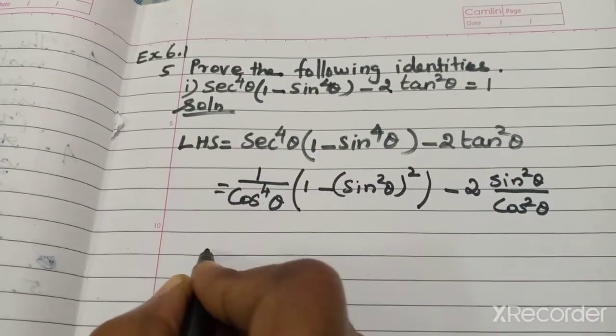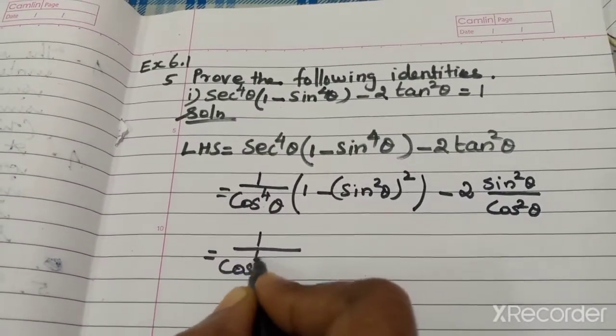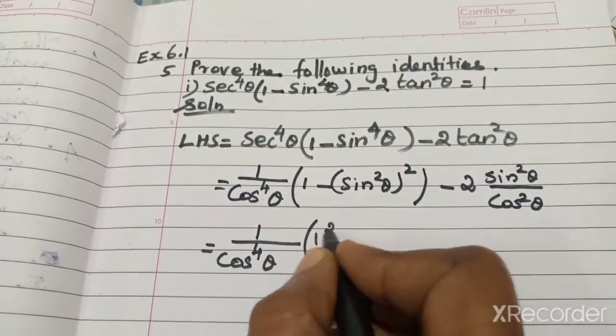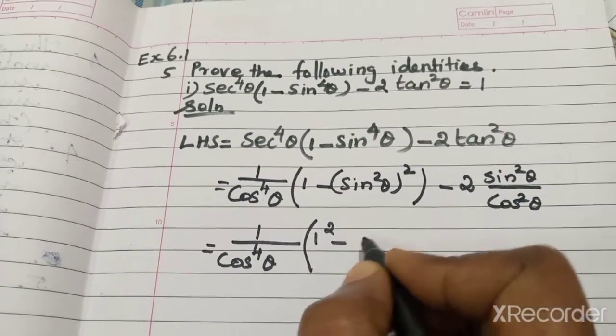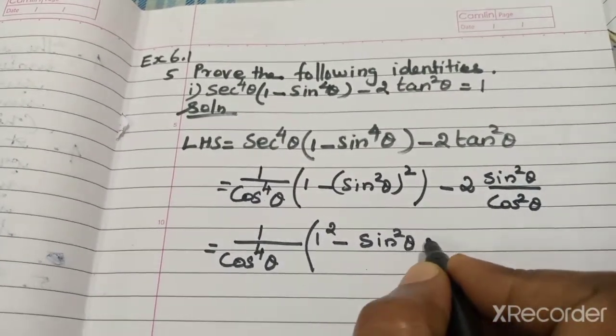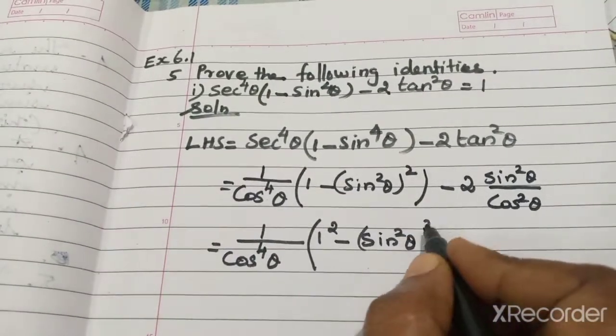Okay. Which is equal to 1 by cos power 4 theta into, let us write this 1 as 1 square to use the formula. 1 square minus sine square theta the whole square, there is a square.